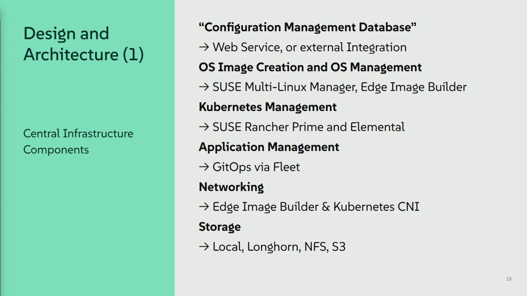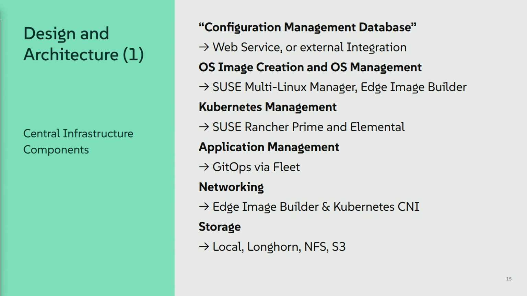So next is we need to implement OS image creation, and this is something that the others haven't talked about: frozen patch levels. Basically, you need to have reproducible builds. You need to know what you ship to production. So we introduced our SUSE Multi-Linux Manager there to do that in combination with the Edge Image Builder.